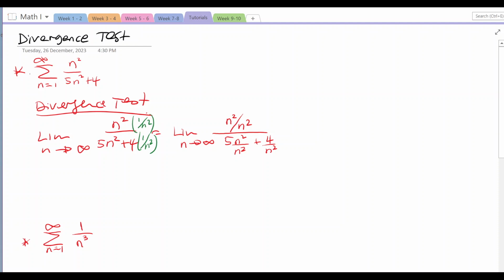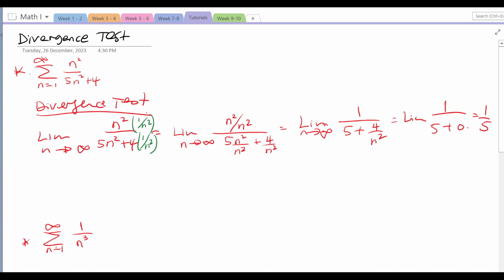Substitute the infinity directly. Well, n square over n square equals 1. So the limit as n approaches infinity of 1 over 5 plus 4 over n square. Now we can substitute n directly, so this is the same as the limit of 1 over 5 plus 0, which is 1 over 5.